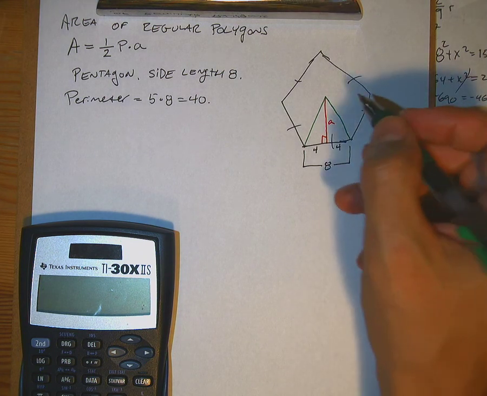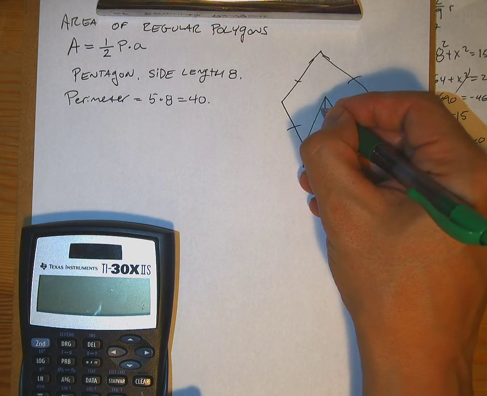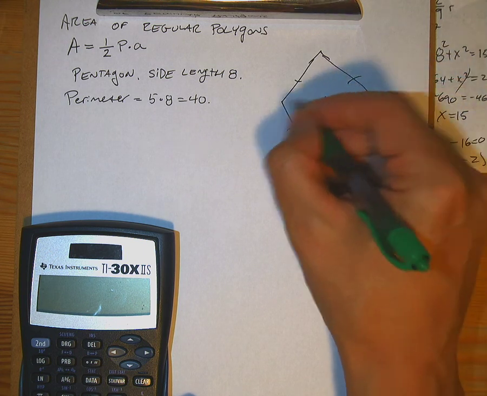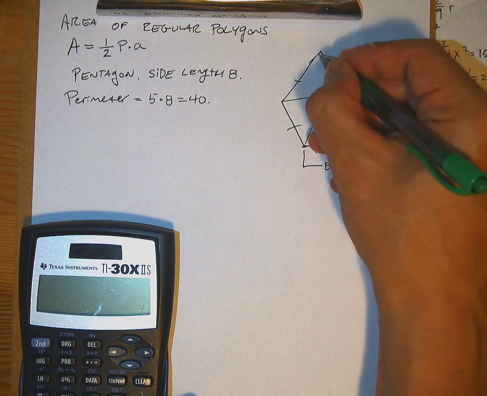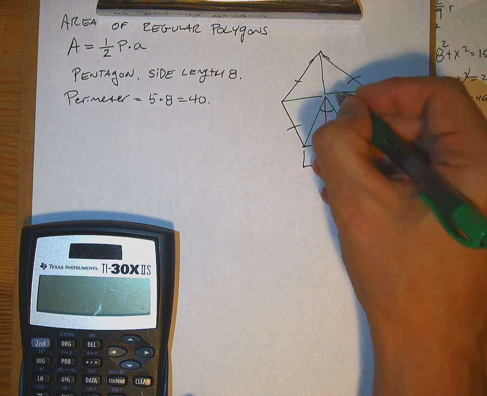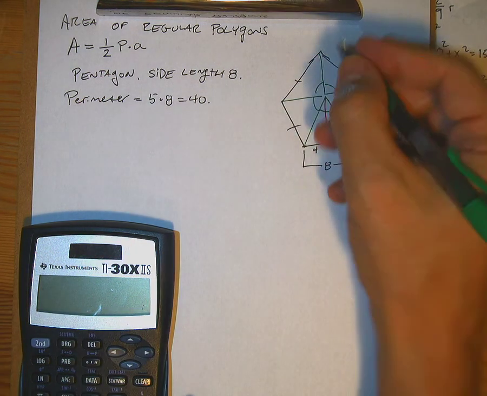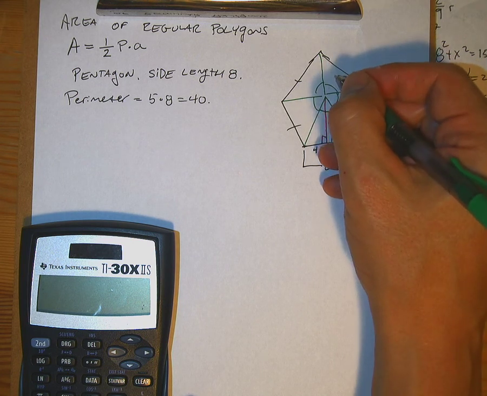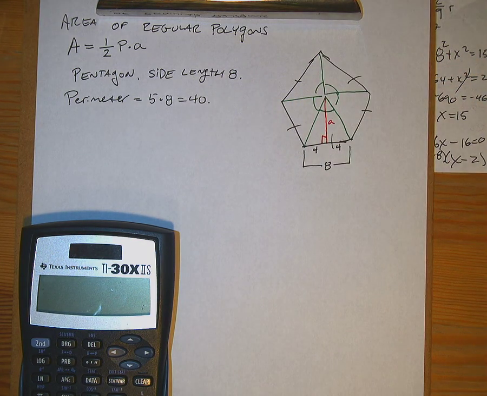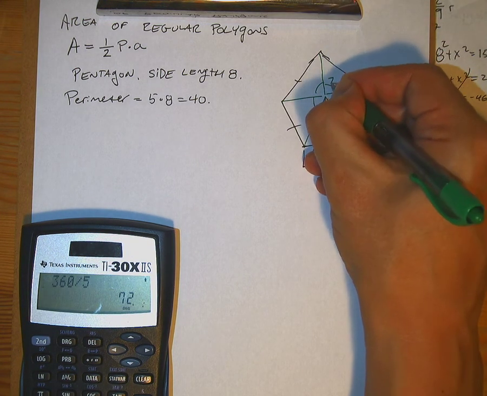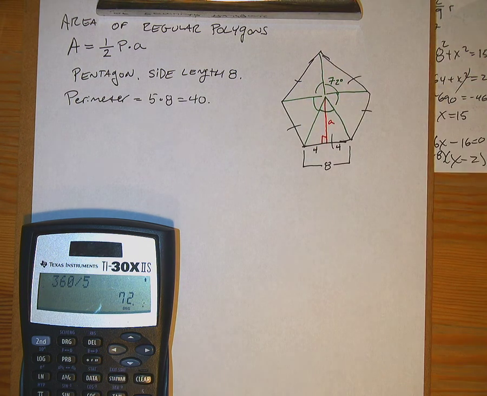Now, before we do that, we need to find the central angle. There are going to be 5 central angles that are all congruent, and they add up to 360. So each one of them is going to be 360 divided by 5, which is 72 degrees.